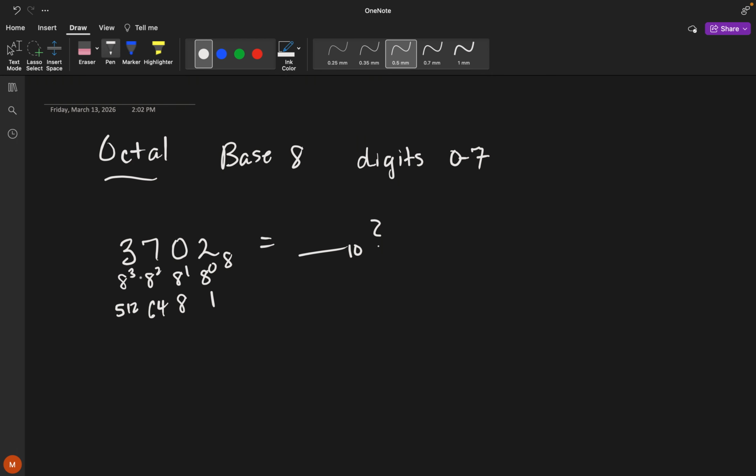So if we wanted to expand this out, we would say the digit times the place value.